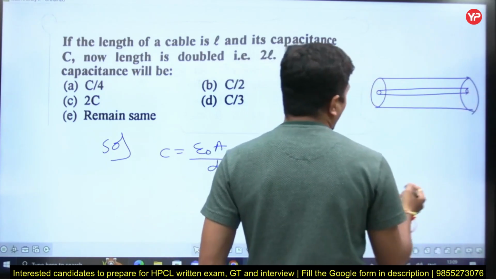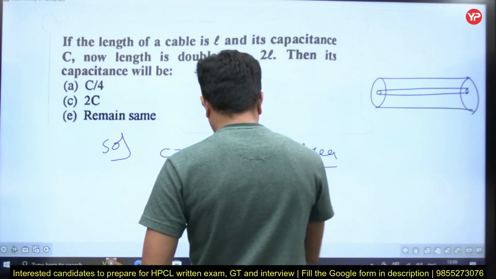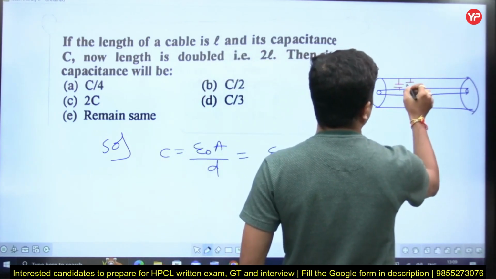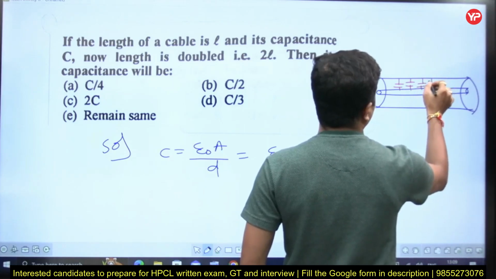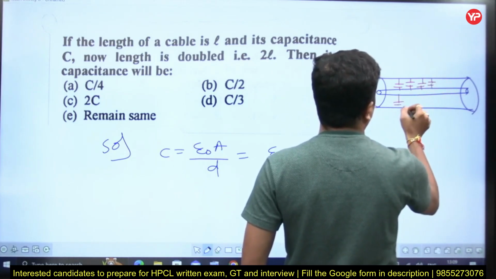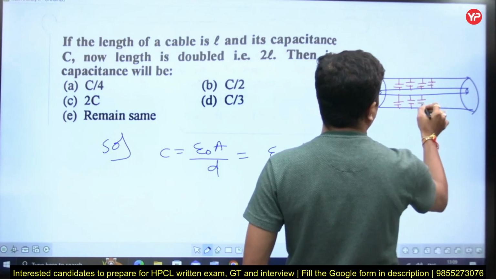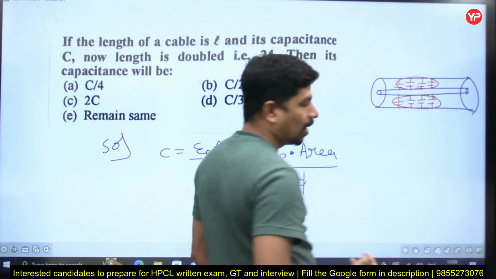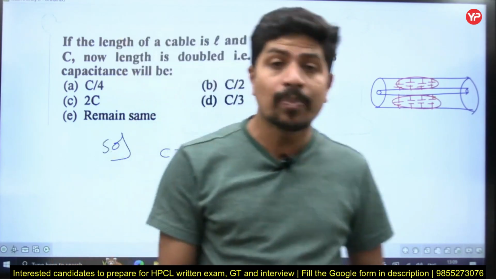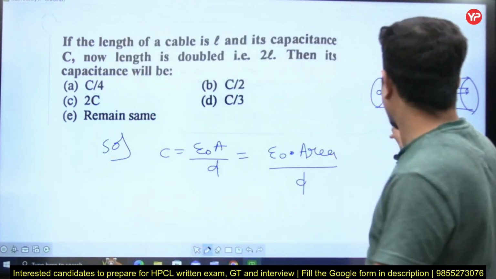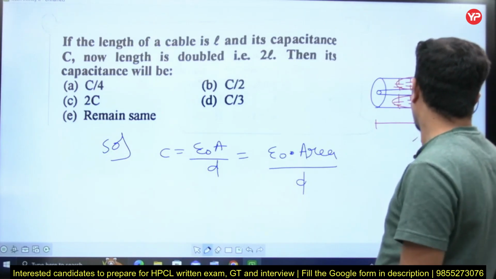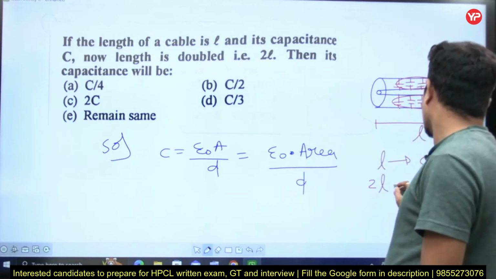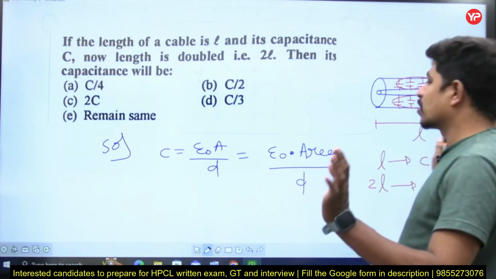Now see, the capacitance that is formed in a cable will be like this. This way capacitance is formed. Now all the capacitances are connected in parallel, right? In parallel combination, capacitance will be added. Now suppose this one of length L has a capacitance of C, then 2L is going to have a capacitance of 2C, that's all.